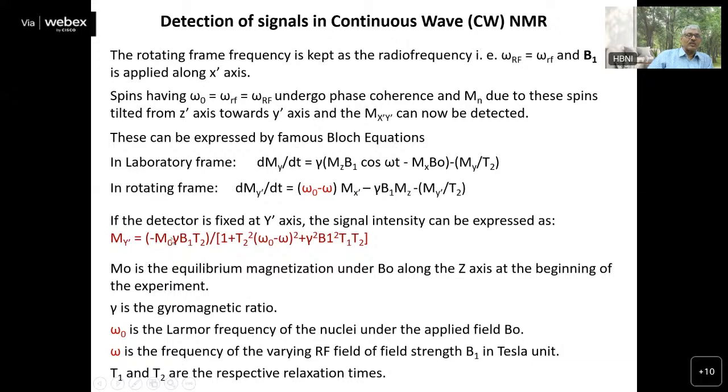As I told you, this is the Z component equilibrium magnetization M0, this is the gyromagnetic ratio, this is the B1 field strength, and then T1 and T2. All this information is available, so you can find out the signal intensity along the y-axis.